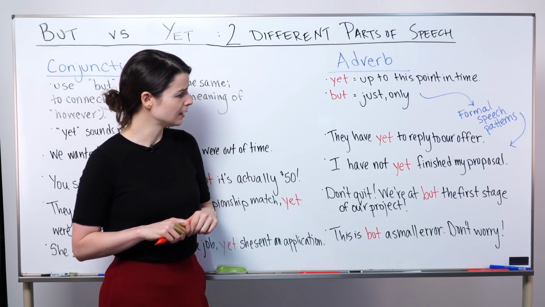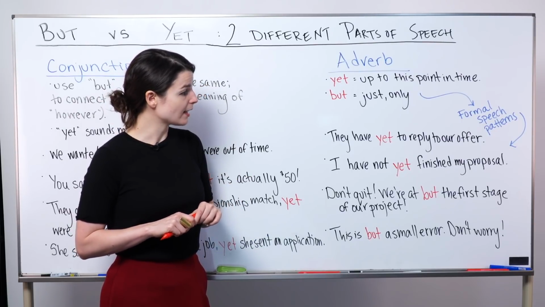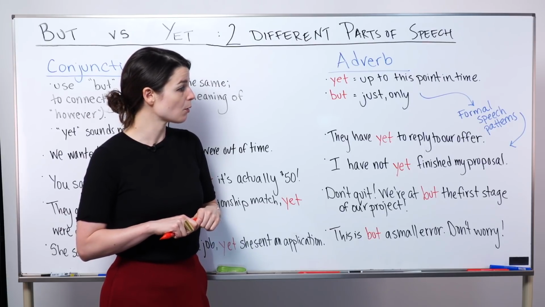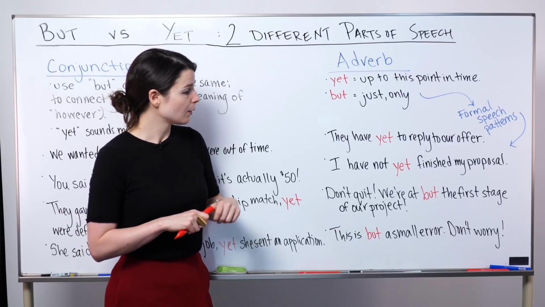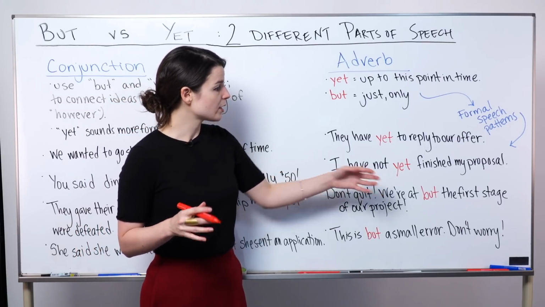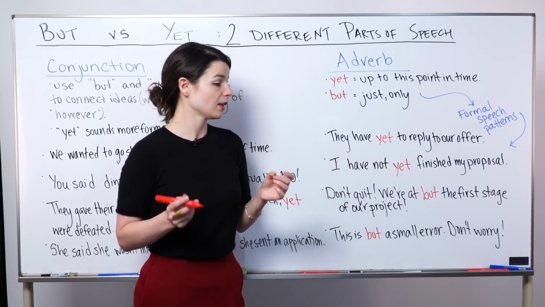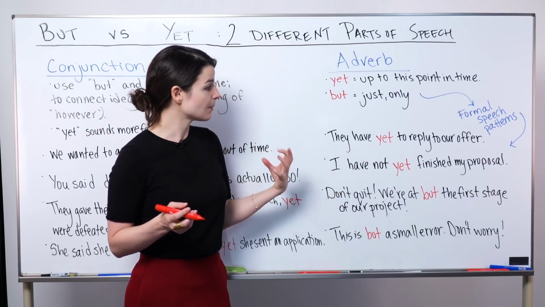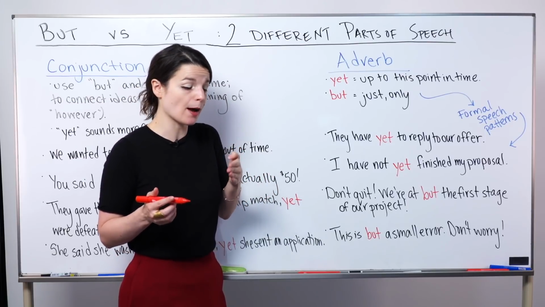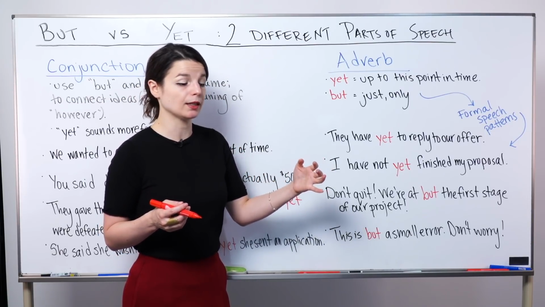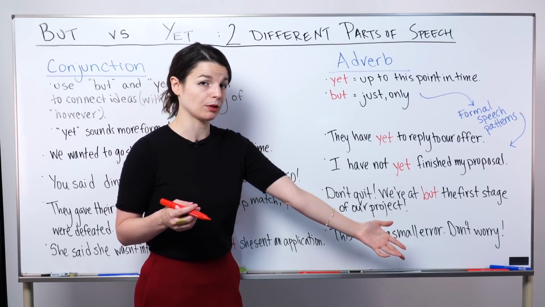Another example, I have not yet finished my proposal. So here, yet is being used to talk about someone's expectations for themselves. So I have not yet finished my proposal shows up until now, my proposal has not been completed, but I expect to complete it.